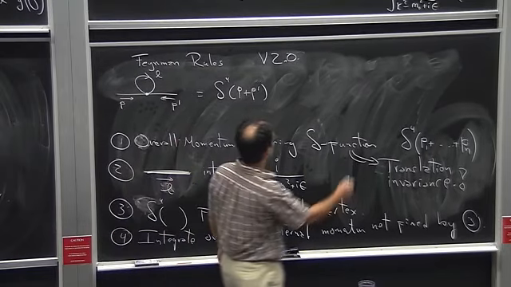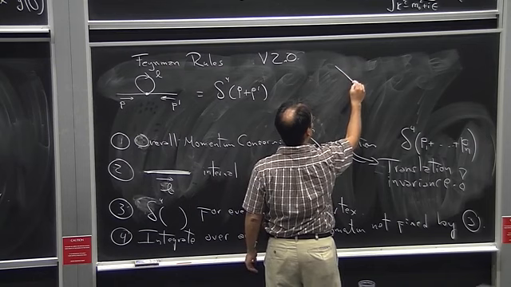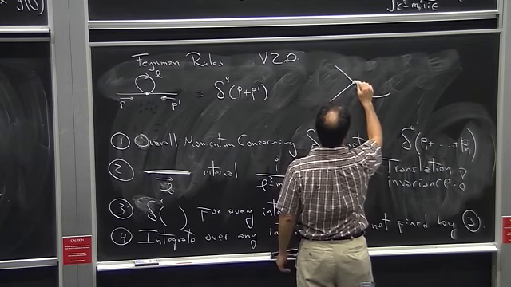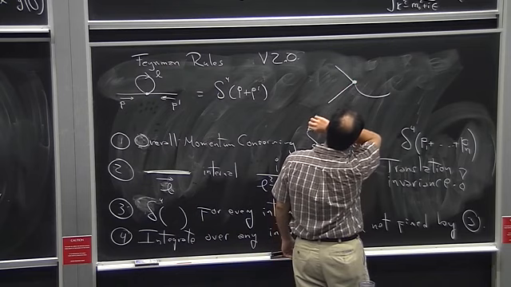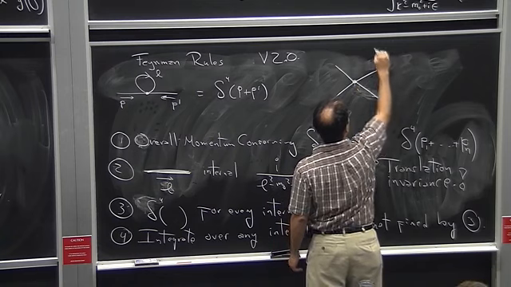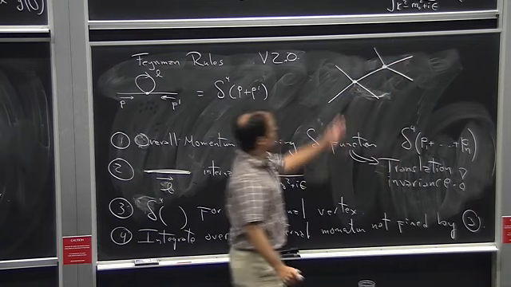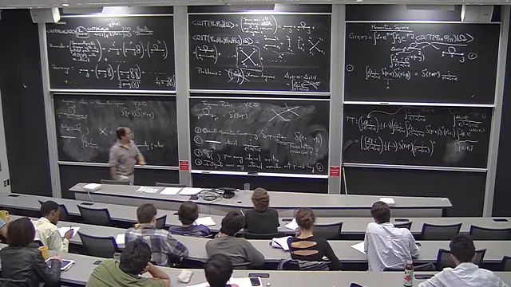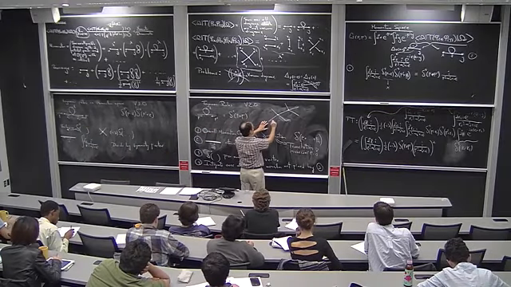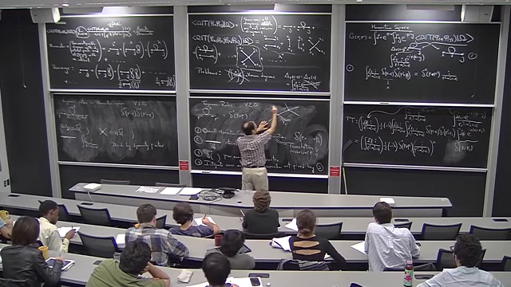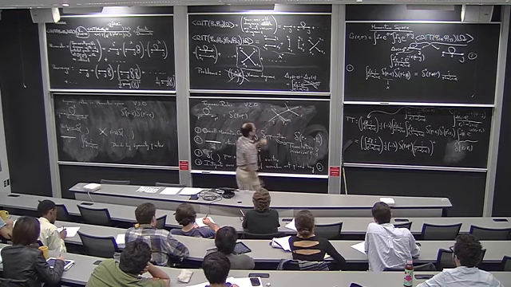Let me give you another example. Imagine that we have a diagram that looks like this. Yeah, that's a problem with this theory. It has too many. Imagine we have a diagram like this. Okay? So what would the rule tell us? Well, we have momentum P1, P2, 3, 4, 5, and 6. Okay?